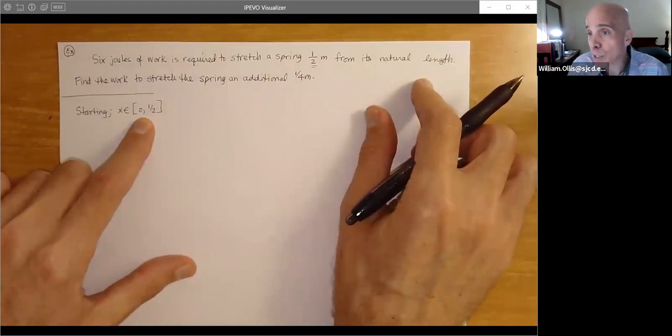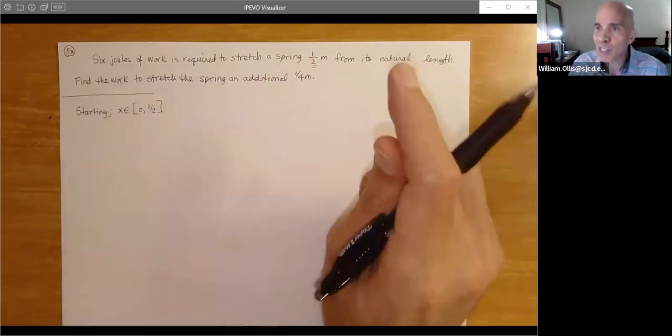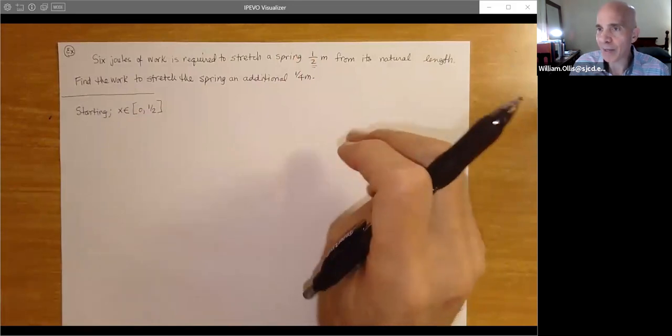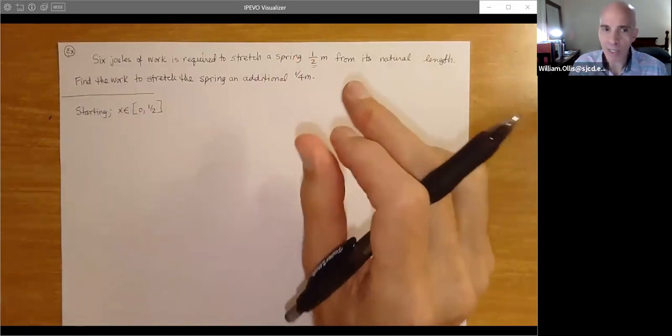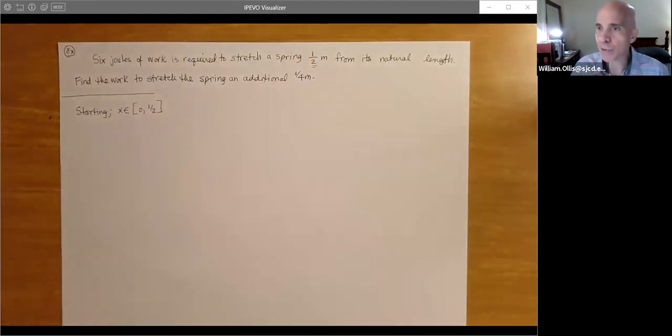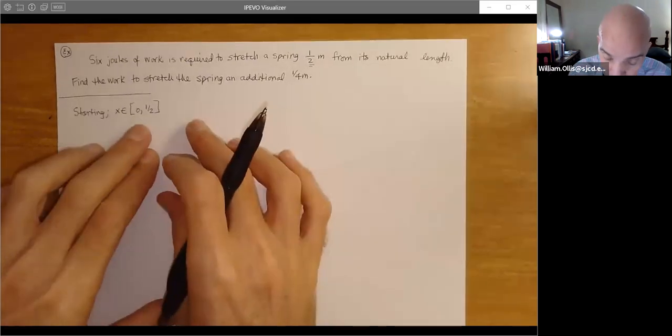It's always important to make sure you get that interval of integration. It's easy to be pushed in one direction by the problem, thinking, okay, this is what you're given, that's what it should be. But everything has to work together. So be careful when you're choosing your interval of integration. That's probably one of the more difficult parts of the problem.